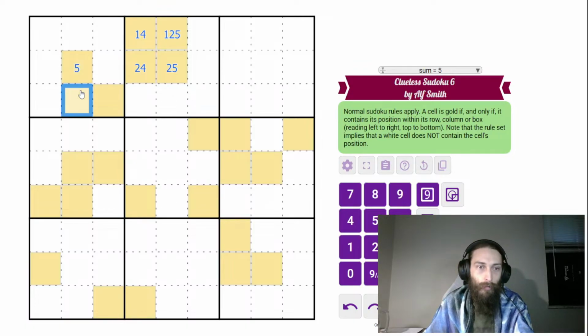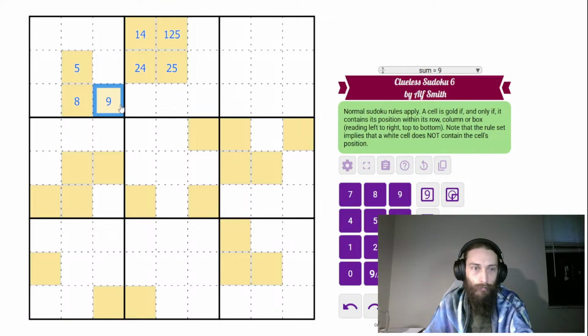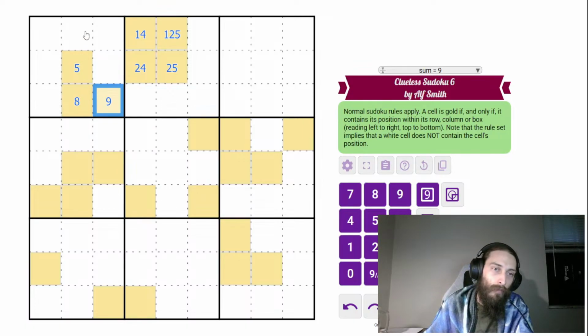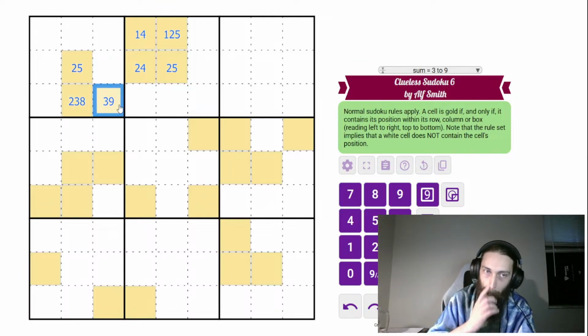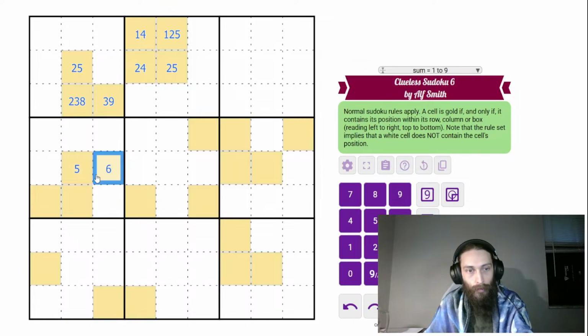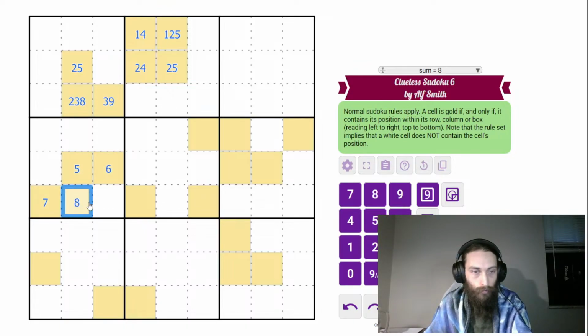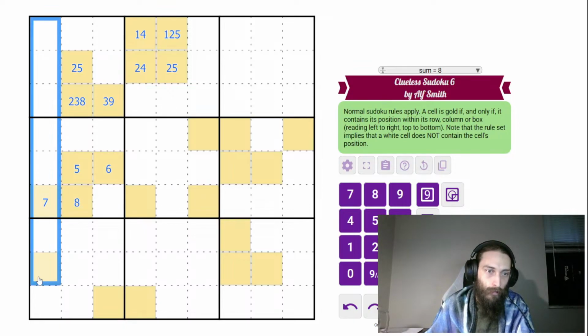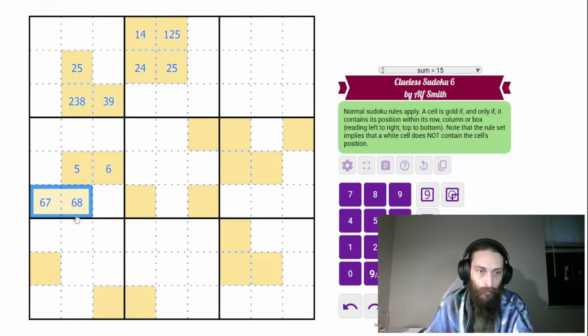So box would be 5, 8, 9. Column would be 2, 3. Row would be 2 and 3. Okay. So then box 5, 6, 7, 8. And then column, these two are going to be 6. These two are going to be 5.